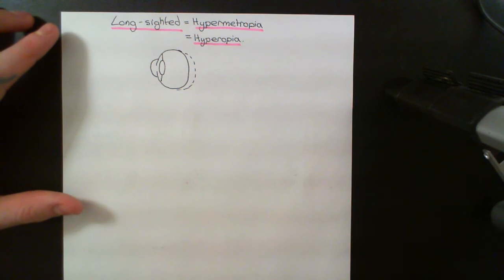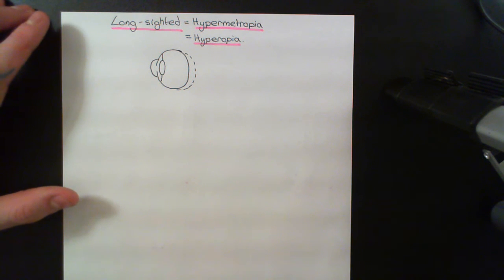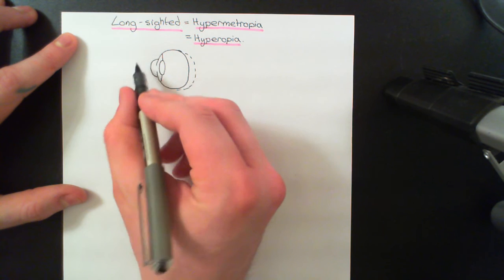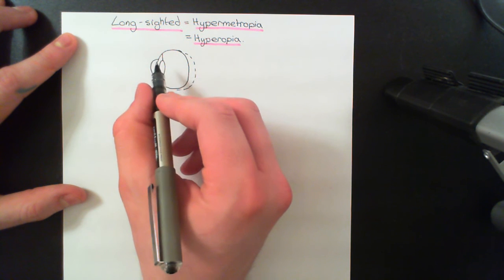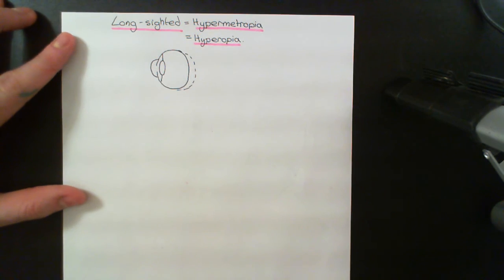So in people who are long-sighted, the diameter of the eye is too small, below 24 millimeters, and now what's going to happen? Well, of course, the problem is that the retina is far too close to the refractive apparatus here, so we're going to struggle to focus light onto this retina that is closer to us.